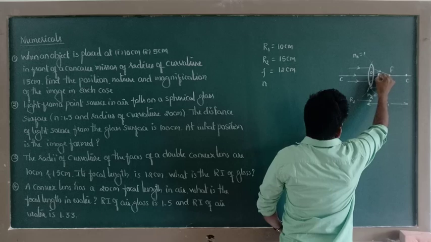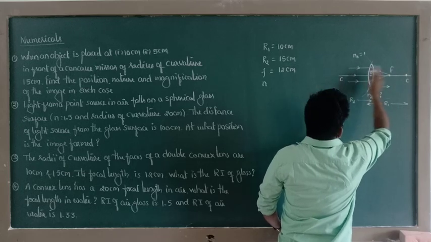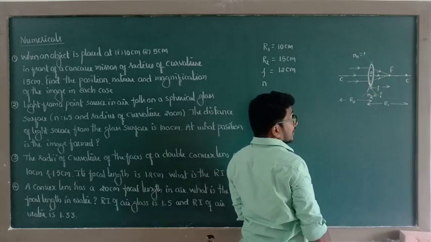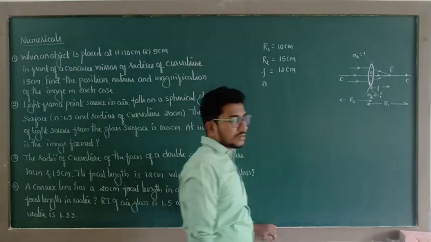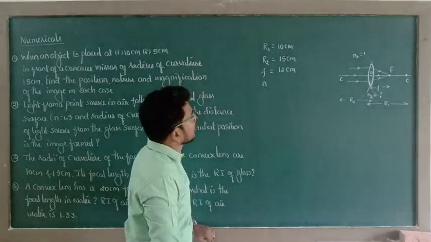In the case of a thin lens, if a light ray passes through the optical center, then that ray proceeds without any deviation.